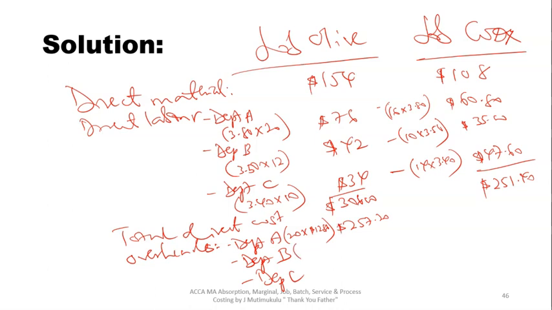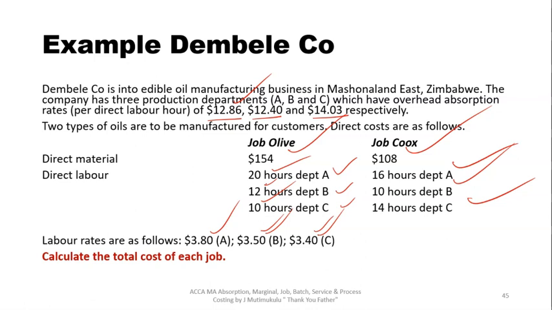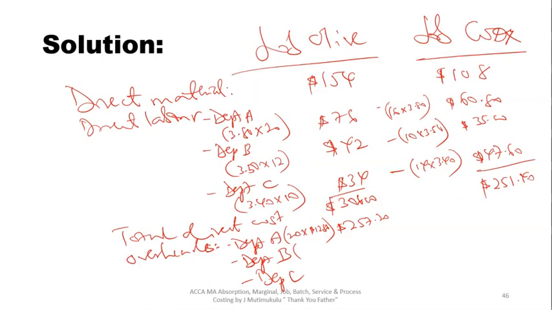For department B, we do the same. That's 12 hours multiplied by $12.40, and we should get 148.80. Please verify with your calculator.